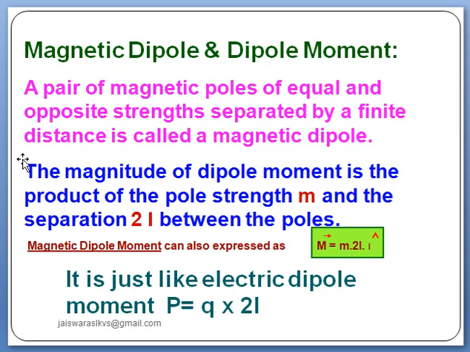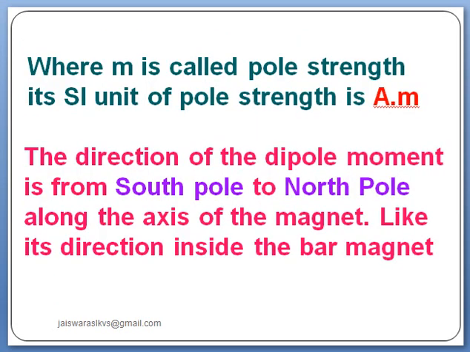Magnetic dipole moment can also be expressed as, so this is another way to represent magnetic dipole moment. It is just like electric dipole moment, that is P is equal to Q into 2L, जैसा कि मैंने पहले अभी बताया. So it is just like electric dipole moment. See, small m is called pole strength, but capital M is said to be magnetic dipole moment.